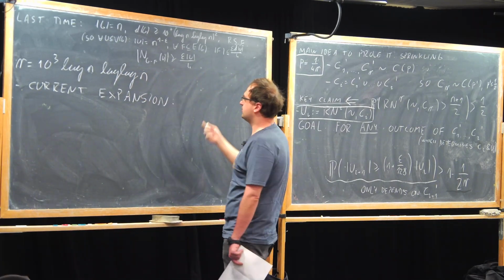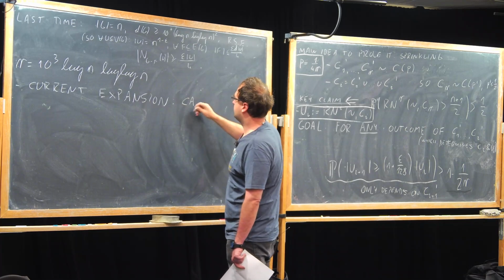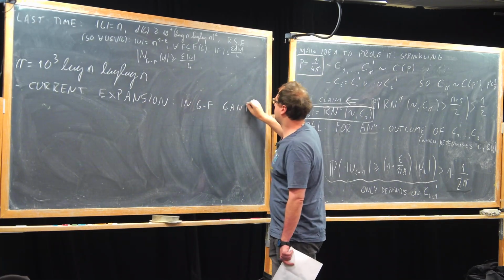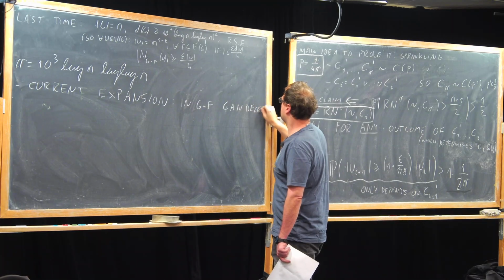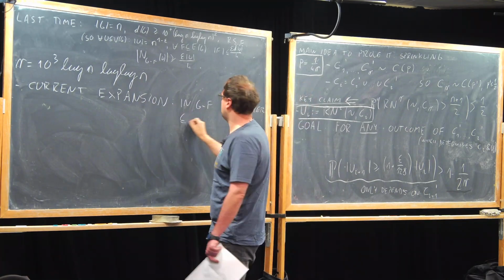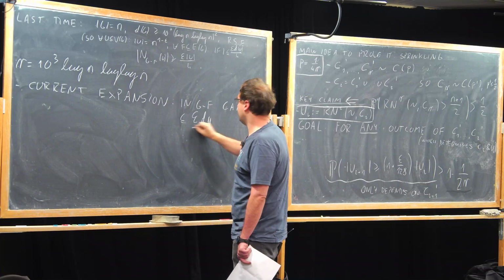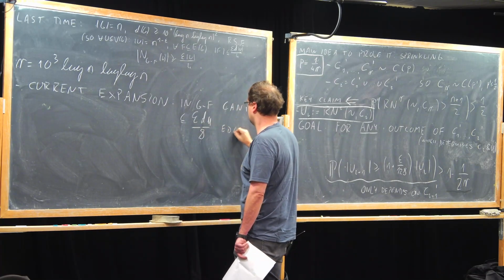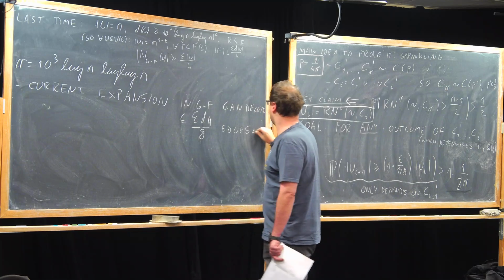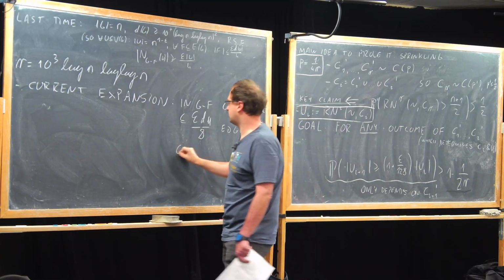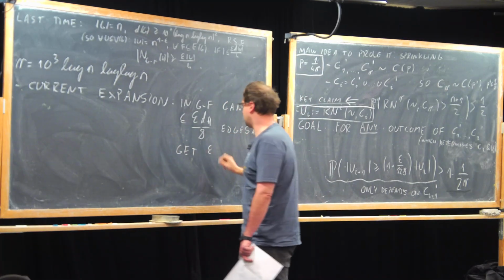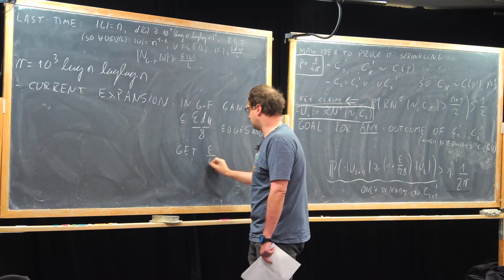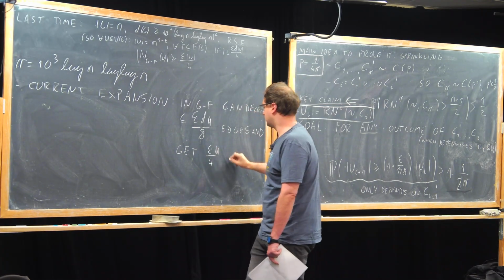So current expansion is: in G minus F, can delete up to epsilon d u over 8 edges, and we still get epsilon over 4 times u new vertices.